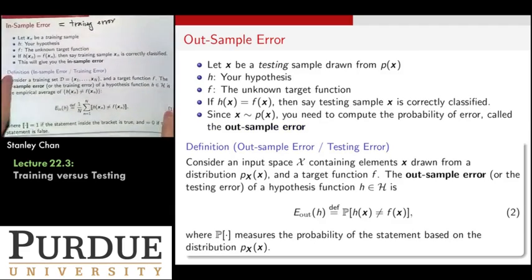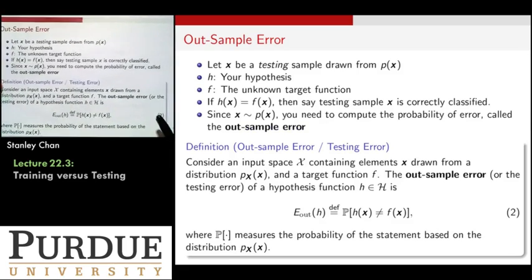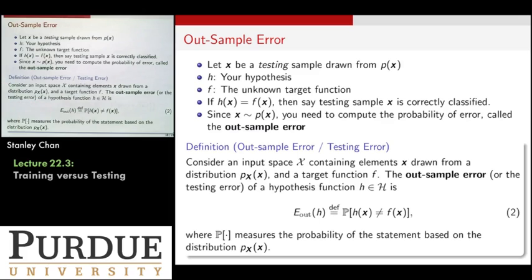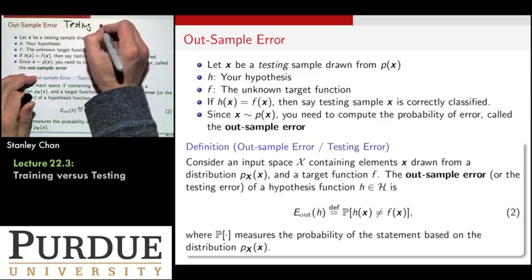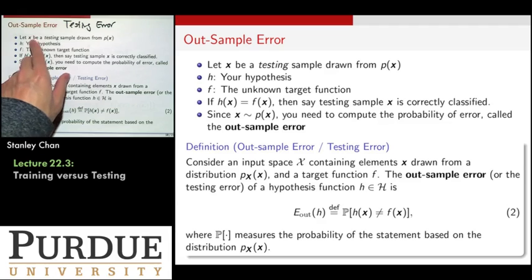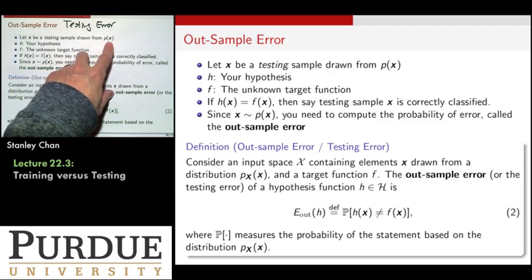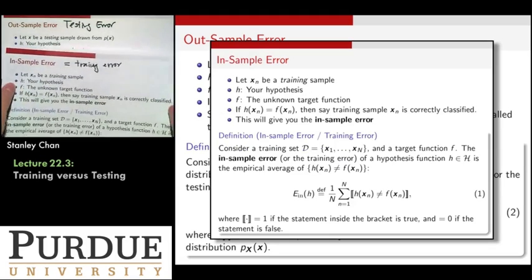And then I am going to define a thing called the testing error, okay, or the out-of-sample error. So this is the same as testing error. This testing error also has a sample X, but now this X is not coming from a training set. It actually is a sample drawn from this distribution P. Okay, now look at this thing here.